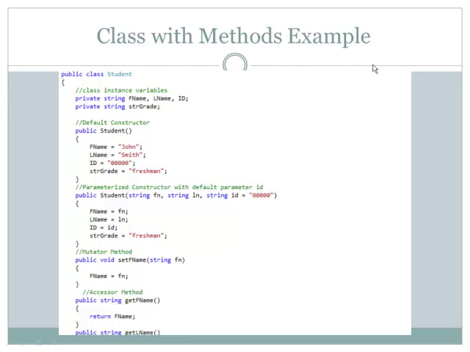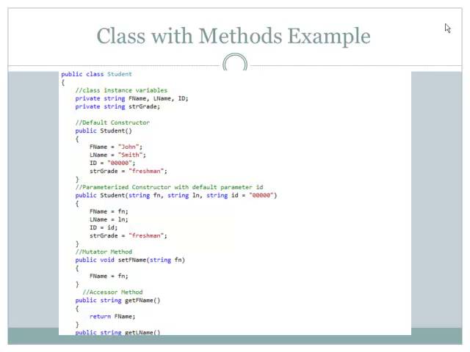So here's an example. We have a public class student, and then we have 4 private class variables. We have a default constructor that's going to set some just basic information. It could also have been just set to quote quote instead of actually setting it to a value.